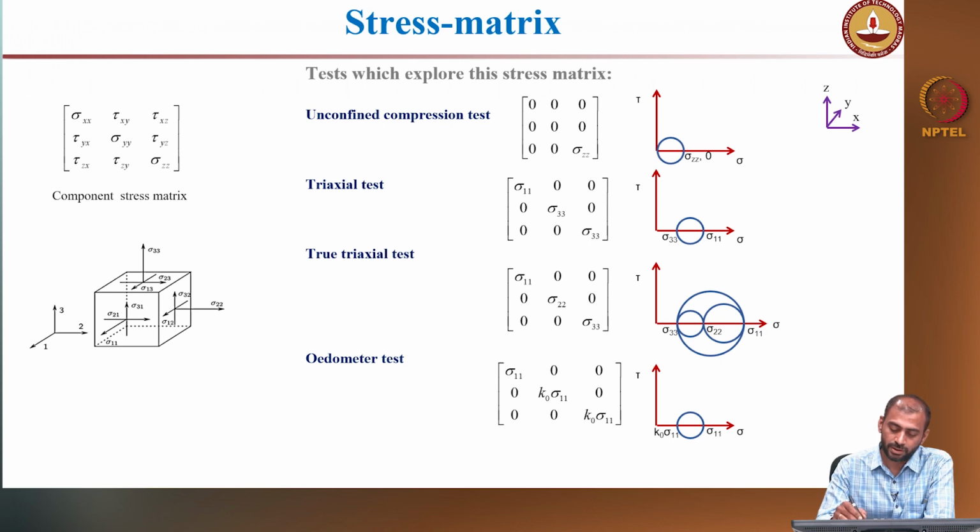If you perform an unconfined compression test, the confining pressures are 0, and you apply only the axial stress. So you are probing one stress component of the stress matrix, that is sigma ZZ.